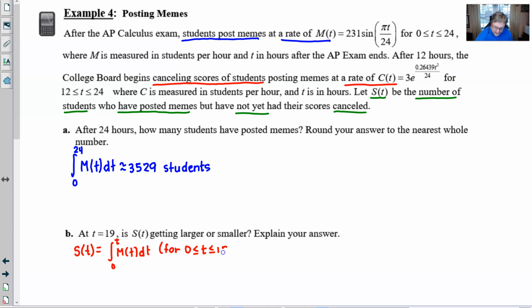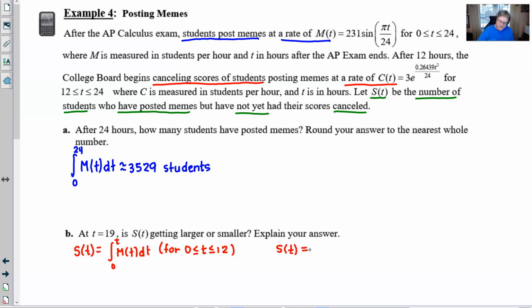what does this really mean? Well, that means that students are posting and it's happening, but nobody's having a score canceled yet. So that would be the total number of students who have posted their scores for those first 12 hours. But then we have to consider what happens after those 12 hours.